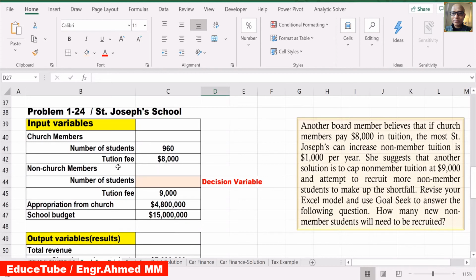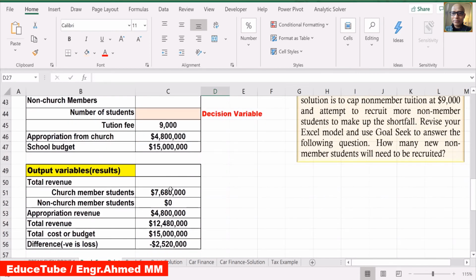We have to revise the Excel model and use Goal Seek to answer the question: how many new non-member students will need to be recruited? According to the problem, we have written number of students 960, tuition fee 8,000. The only difference is that we fix 9,000 here, but the number of students is unknown. So this is the decision variable, and we find its best value by Goal Seek.